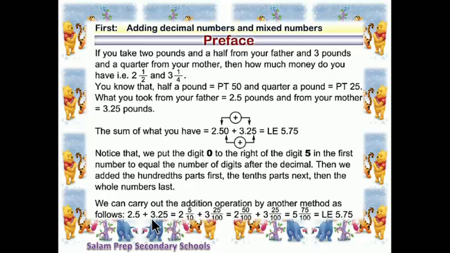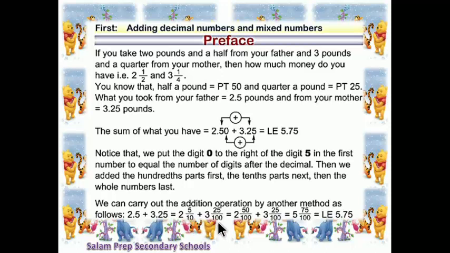We can convert the decimal numbers to mixed numbers, okay? 2.5 equals 2 and 5 over 10, plus 3.25 equals 3 and 25 over 100. To add, you must have a common denominator, okay?